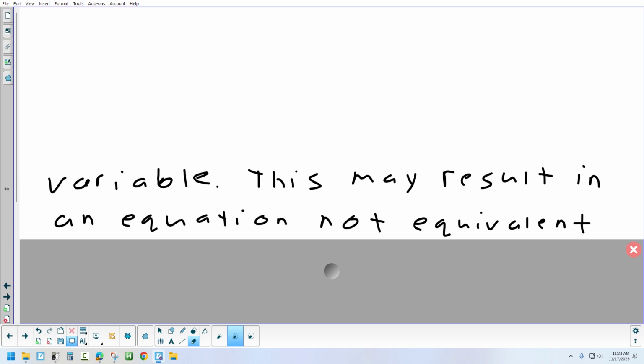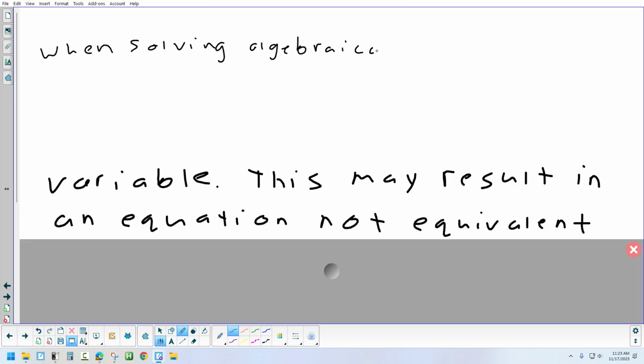So that was graphically. Let's look at solving algebraically. When we solve algebraically, we're going to end up using multiplication, and we might multiply by a variable. When you multiply by a variable, that can be a problem. So we're going to see what can happen and what we have to make sure of when we do it.